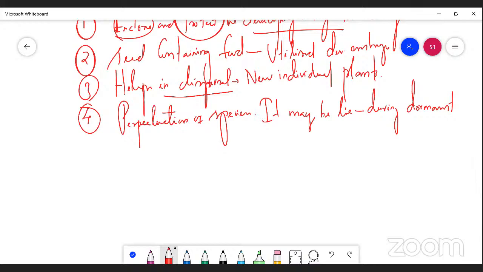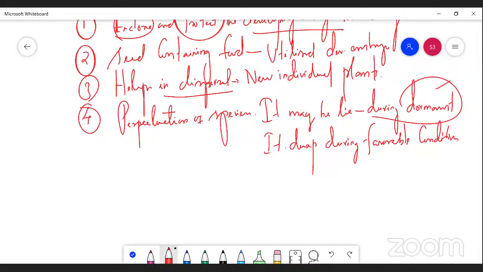It lies dormant during unfavorable conditions and develops during favorable conditions. Such characteristics are present in seed. The fifth characteristic: it is the basis for agriculture.